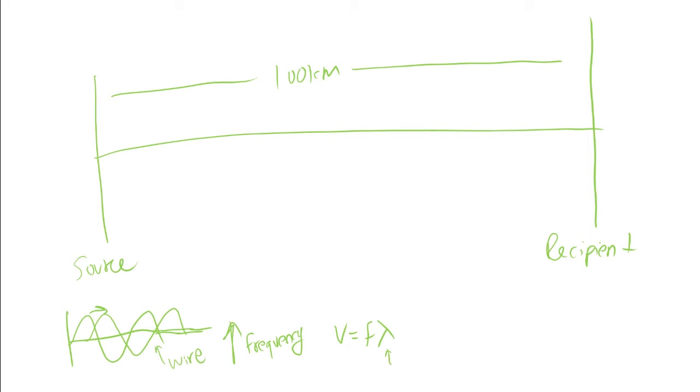So if we keep the wavelength the same and we increase the frequency, we're also increasing the velocity. So remember I said at 300 hertz, our velocity is about 37,000 kilometers per second. At 3,000 hertz, about 125,000 kilometers per second.